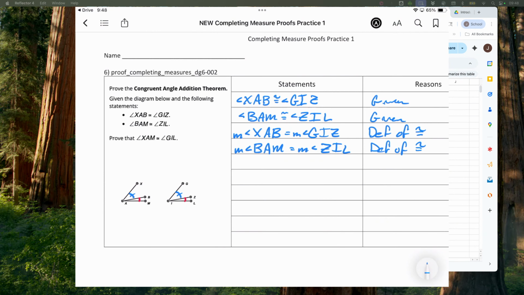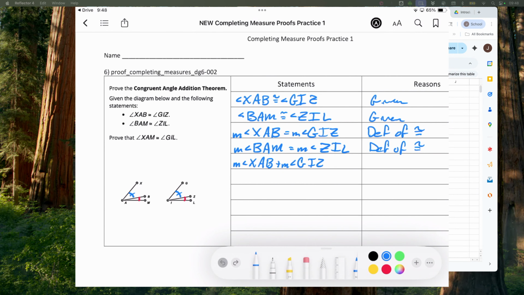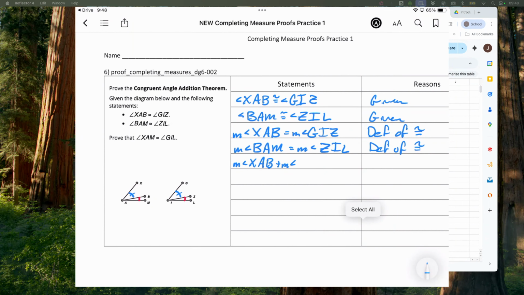So the measure of angle XAB plus the measure of angle BAM equals the measure of angle XAM. That's angle addition.